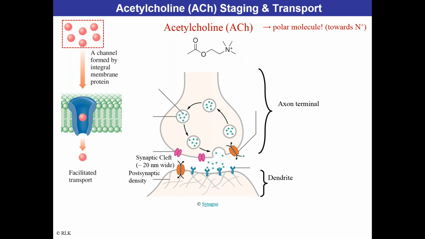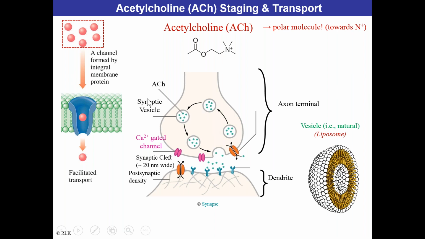You have obviously the postsynaptic density, because that's where the signal is going to be delivered, and the purplish paired up molecules, well, that's the calcium gated channel. Okay, the synaptic vesicles are going to be denoted by the spheres, and within these spheres you have the acetylcholine, again denoted by the ACH.